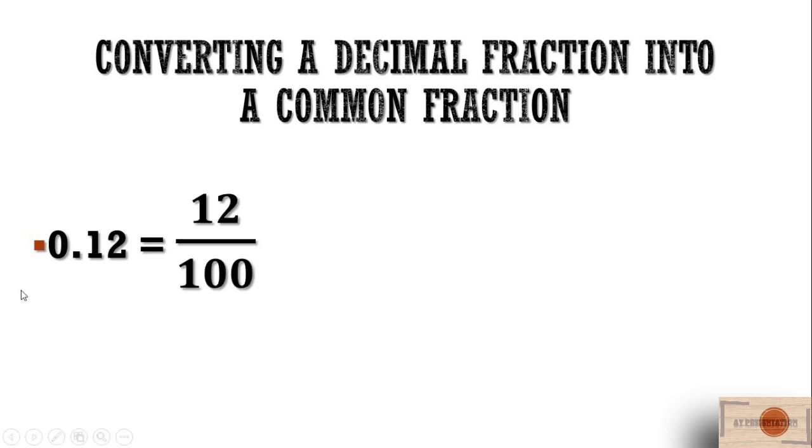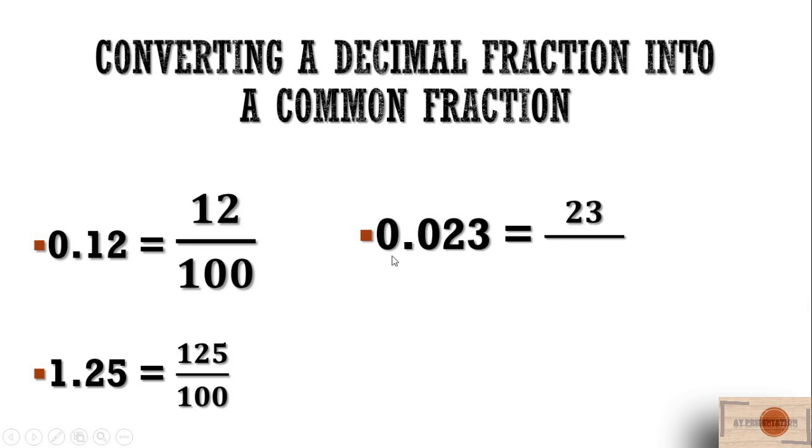Here 0.12 is equal to 12 upon 100, because from the decimal point there are 2 digits, so give 1 and two 0s. Next, in the numerator 125, and from the point there are 3 digits, so 1 and 0 0 0.